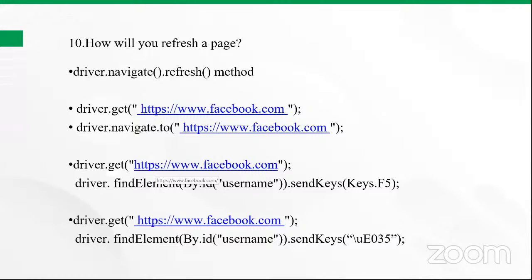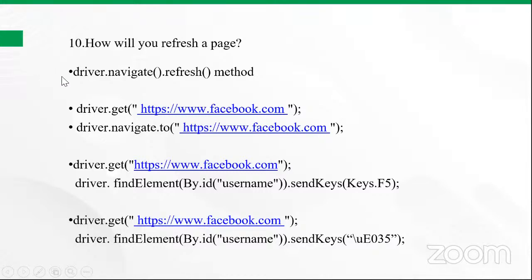That is, you launch a URL, then you identify an element, and then you use send keys and give F5. You can even give the ASCII code of F5 so that it will be refreshed.